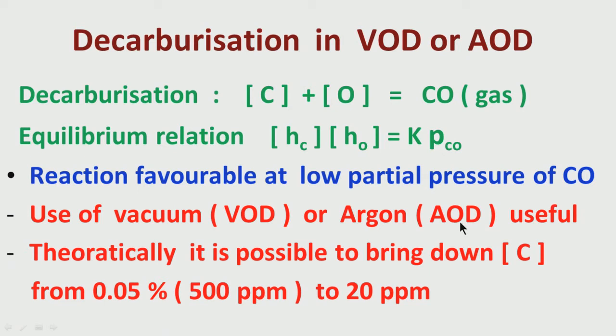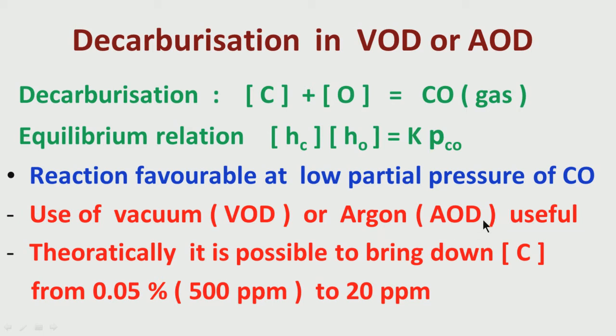Along with oxygen, you are putting a lot of argon in the system, which helps in bringing down the partial pressure of carbon monoxide. So, either vacuum or argon, these are the techniques. If you use vacuum, the process is called vacuum oxygen decarburization. If you use argon, we call it argon oxygen decarburization.